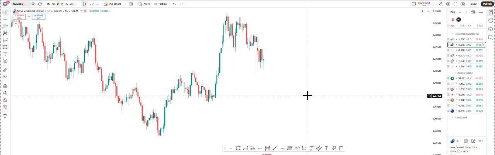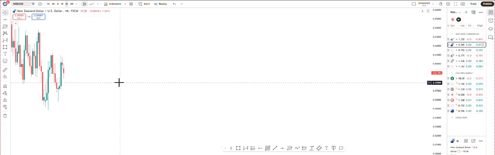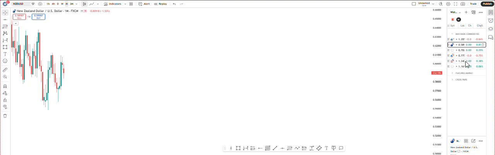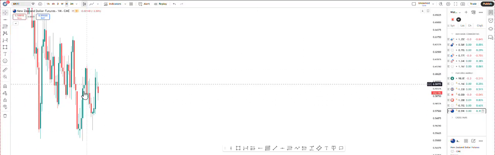This is the NZD USD chart as well. From the monthly time frame, we notice that for about 2 months now, the NZD, okay, let me use the futures chart please, the futures chart for NZD, we've been pushing to the downside, and we contacted the demand area on a monthly candle.